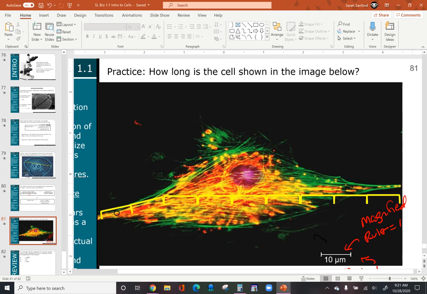So it's 9 of these. 9 scale bars, right? So 9 scale bars would be 90 micrometers long, right? We measured 9 across. 9 times 10 is 90 micrometers. Okay? That's not hard.